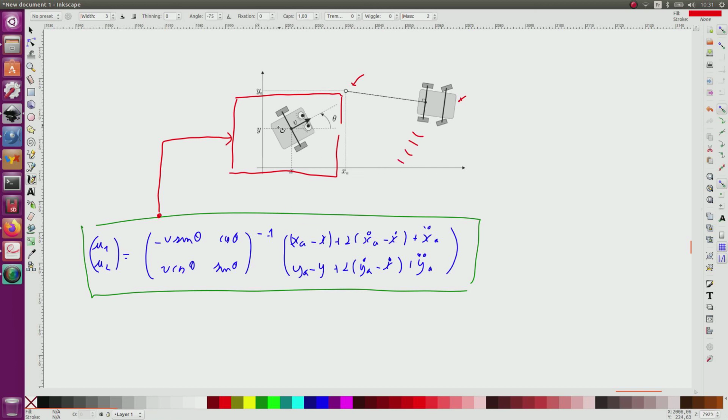There is a computer inside the robot which receives the information of xa, ya, but also, since it knows its own rotation rate, its own acceleration, it will also give me the derivatives x dot a, y dot a, x double dot a, y double dot a.